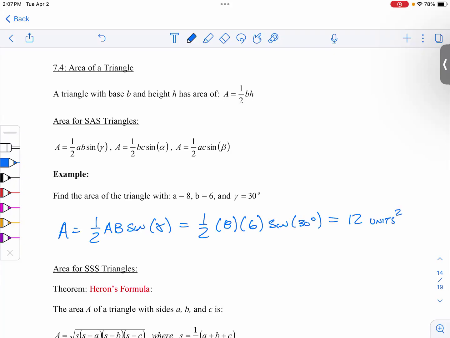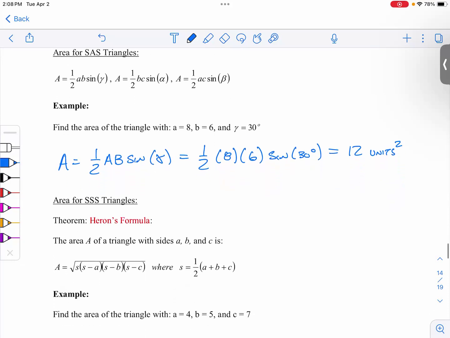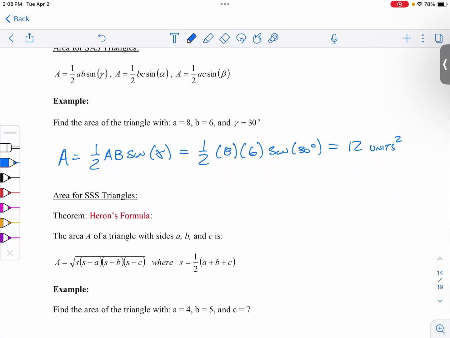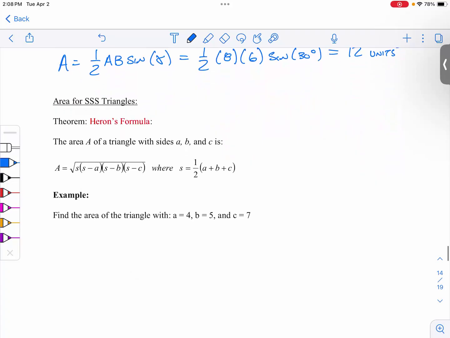There were no units, there's no context attached here, but just to make sure everyone's aware, these are areas we have now transitioned to. We're not finding distances anymore. So I just attached units squared, whatever that is. So that's a pretty common equation.